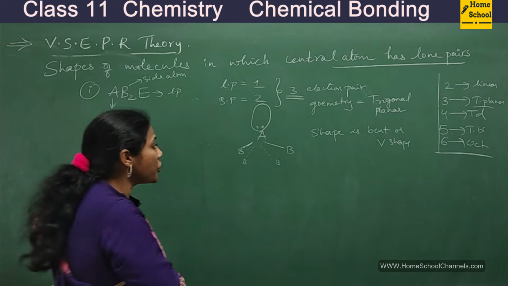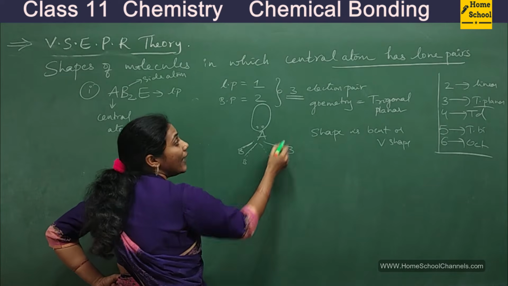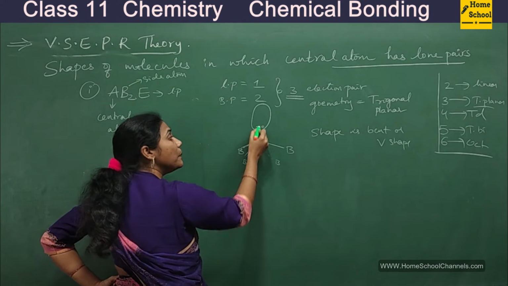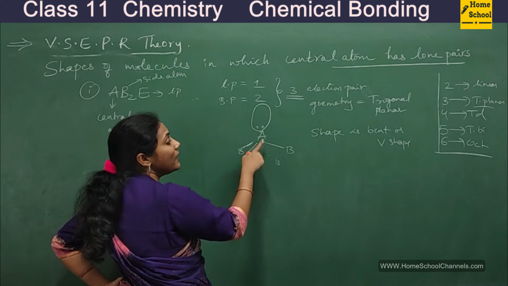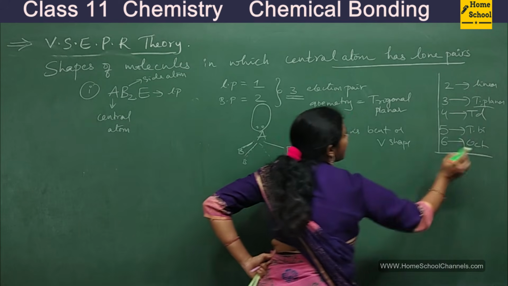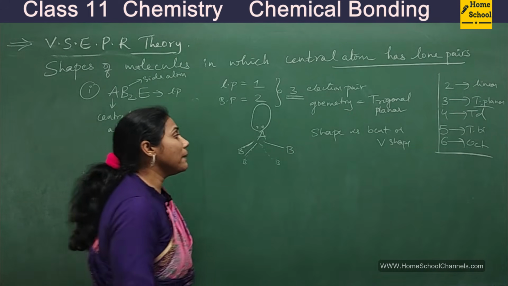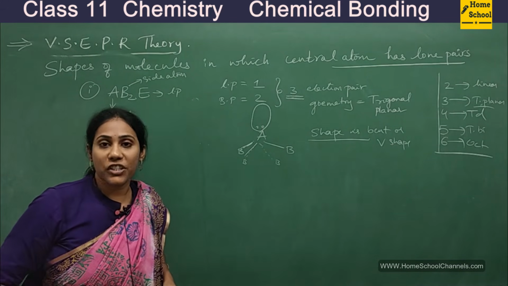Understood? For a shape, you must consider only the bonds. And for geometry, you should consider both lone pair and bond pairs. Both together, you got 3 electron pairs. 3 electron pairs in the sense geometry is trigonal planar, whereas shape is bent shape or V shape.